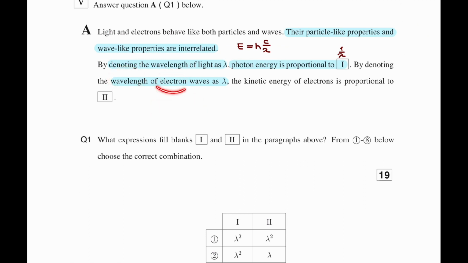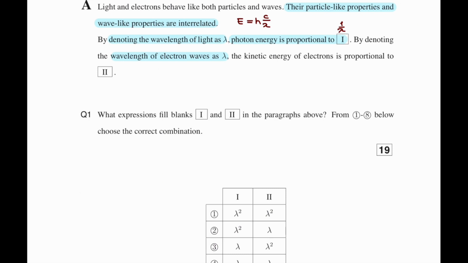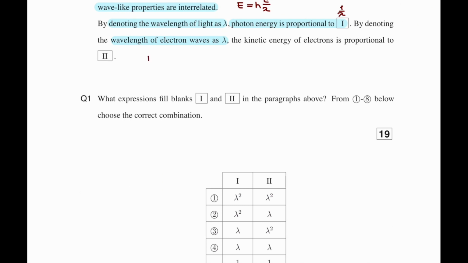So particles like electrons can be thought of as waves. By denoting the wavelength of the electron as lambda, the kinetic energy of the electron is proportional to blank. As you know, the formula of kinetic energy of an object is half mv squared.